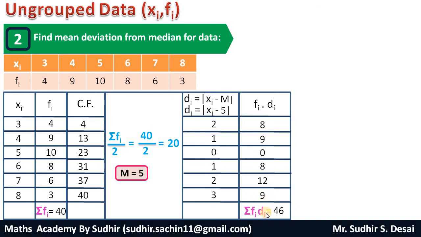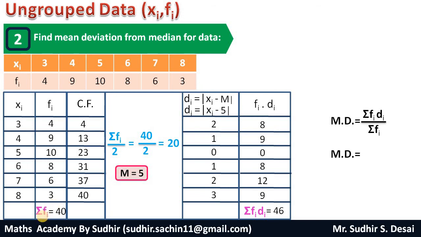So summation of fi di is 46. Now no more columns are possible. So write down the formula for mean deviation. Summation of last column, that is summation fi di, divided by sum of frequencies, which is summation fi.